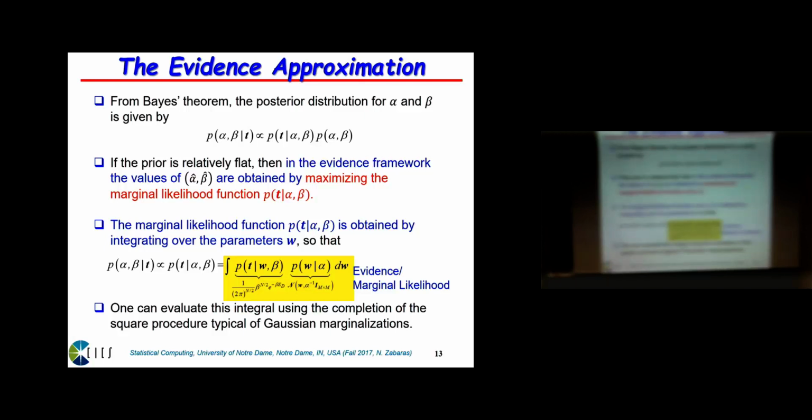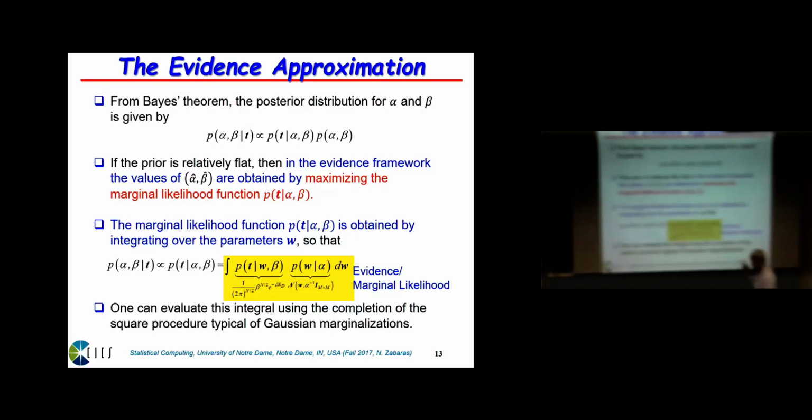So what we're going to assume in this empirical Bayes approximation is, because we don't really have much information about alpha and beta, we're going to take this prior to be uniform. Okay? And if this prior is a uniform distribution, really maximizing the posterior of the parameters alpha and beta is the same as maximizing the marginal likelihood.